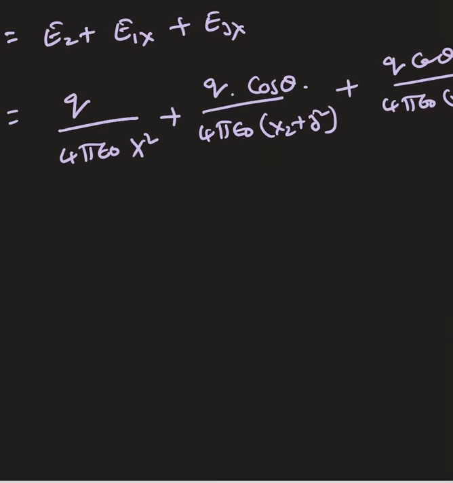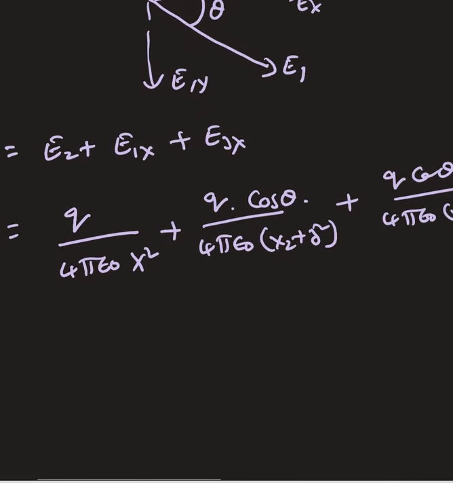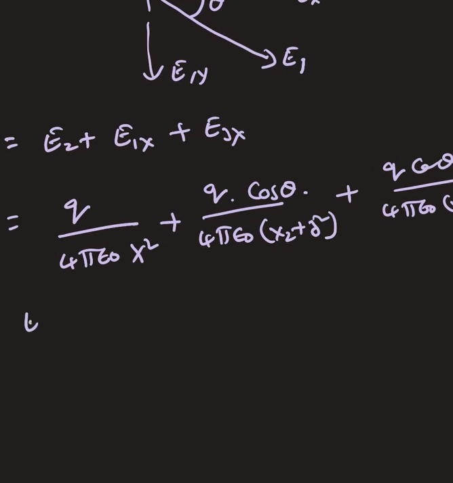So E equals, I'm going to pull out Q over 4 pi epsilon naught, times 1 over x square plus x over x square plus d square.